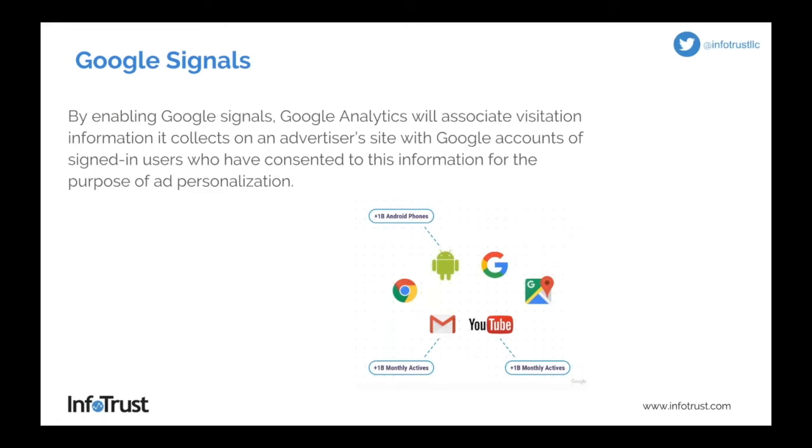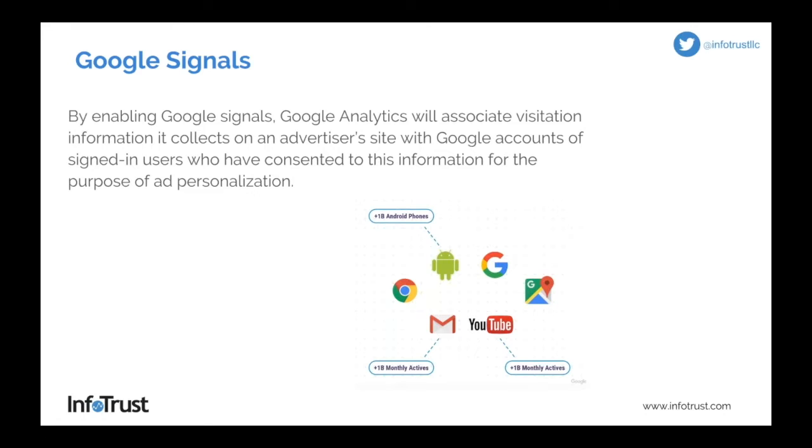In this case, what Google is able to do is, as long as someone is signed in on that device to a Google account, that can be Gmail, it can be Google Drive, Google Docs, Google Maps, any of those free products, Google will be able to tell if you visit the site, and then if you're logged in on another device with your Google account, they'll be able to essentially stitch those two devices together.